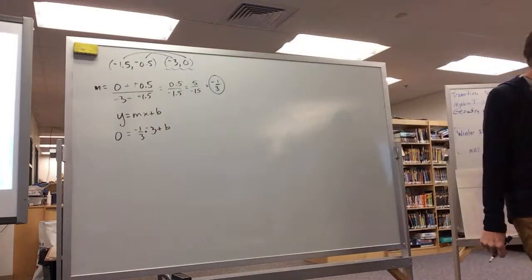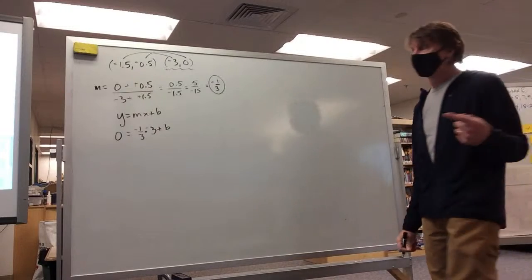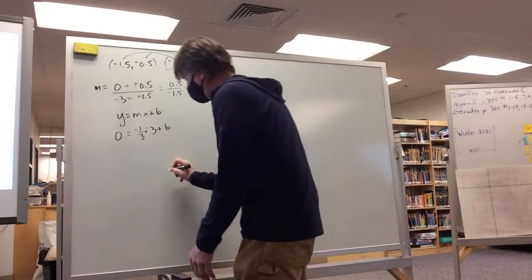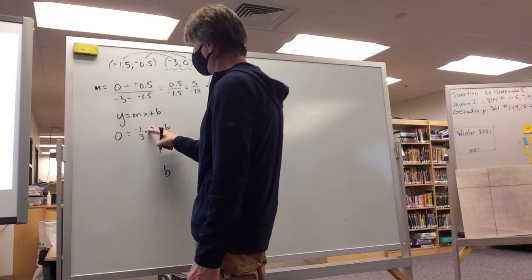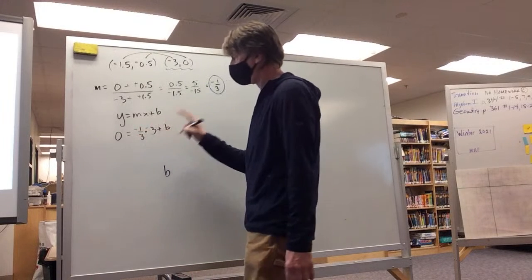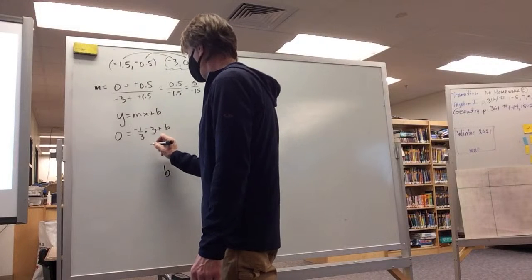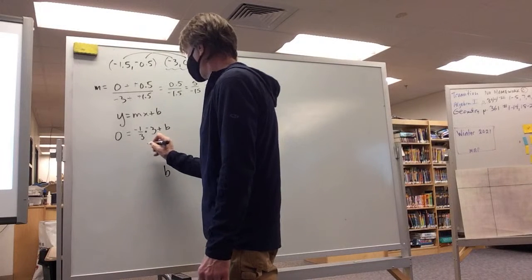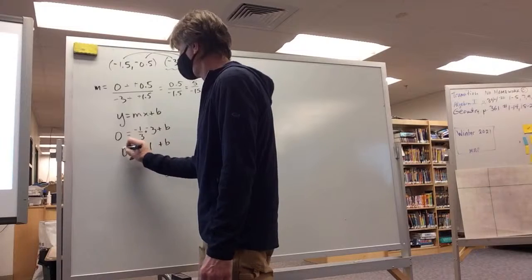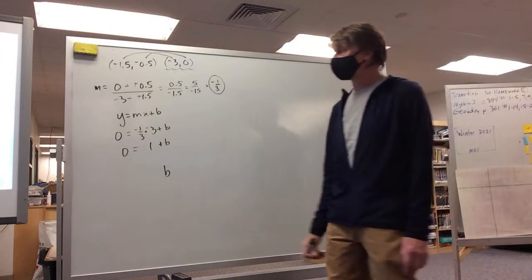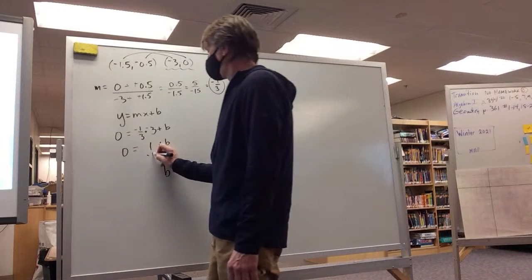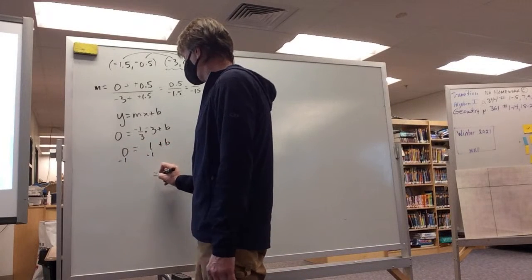So now you have an equation with one variable, and you have to solve it and find out what b is. A negative times a negative is a positive, and a third times 3 is just 1. So this is plus 1. Now if you subtract 1, then b is equal to negative 1.